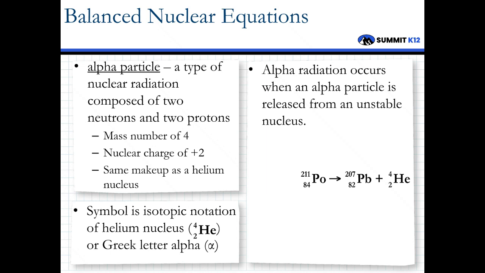For example, polonium-211 undergoes alpha decay to become lead-207. Alpha decay removes 2 neutrons and 2 protons, resulting in a stable isotope of lead, being lead-207, and a helium nucleus.